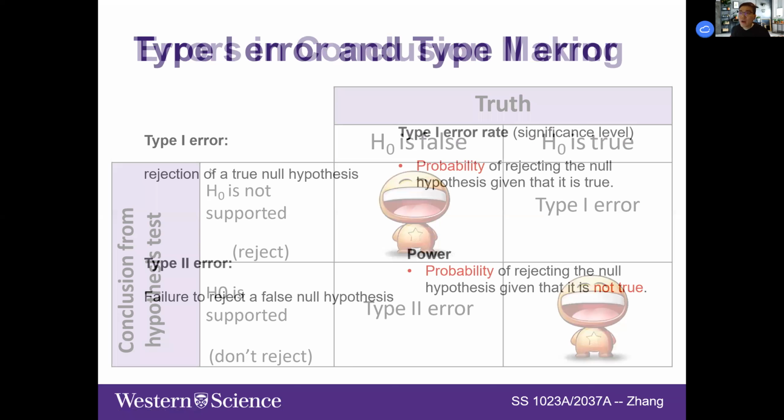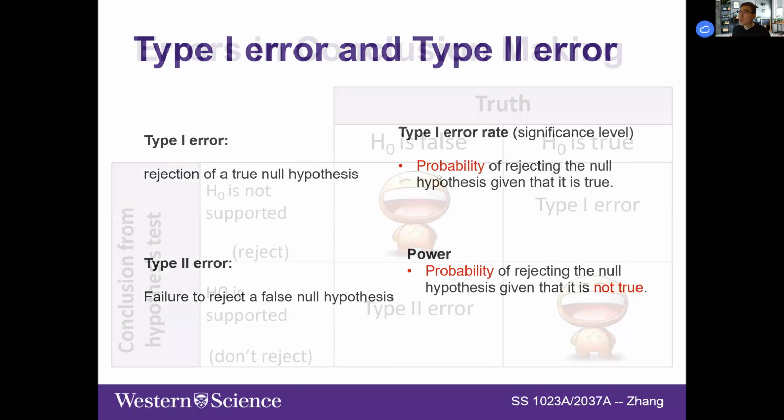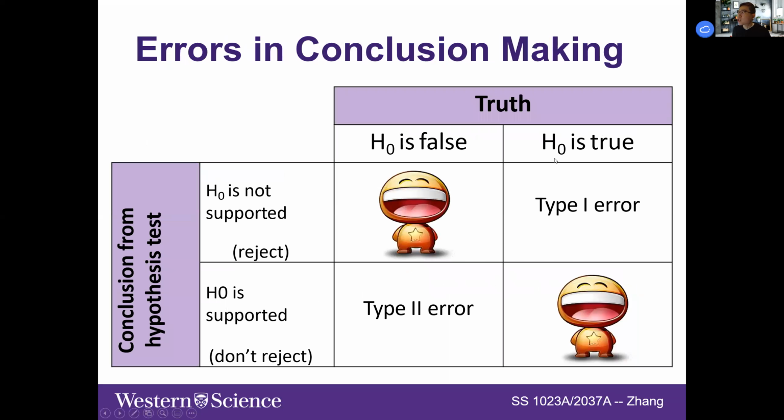Type 1 error refers to the case where we reject our hypothesis given that our null hypothesis is true, which means our null hypothesis is true and we happen to reject it. That's the type 1 error.